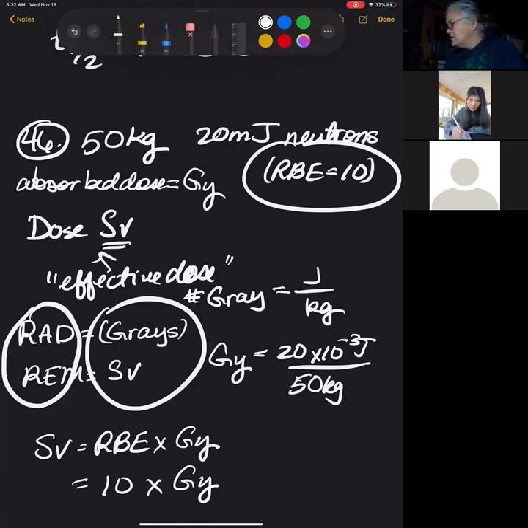But it may also ask you for rads and REMS, which are medical units, and they're related to grays and sieverts because a rad is 1/100th of a gray. So you just divide by 100 to get to rads and REMS. And a REM is 1/100th of a sievert. But these are the MKS units, the sievert and the gray.